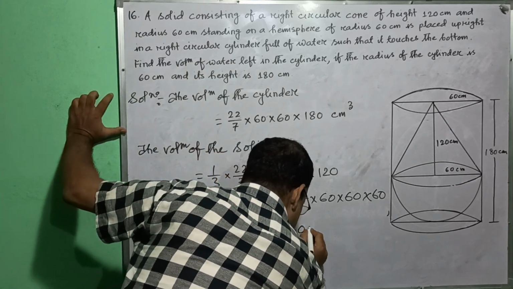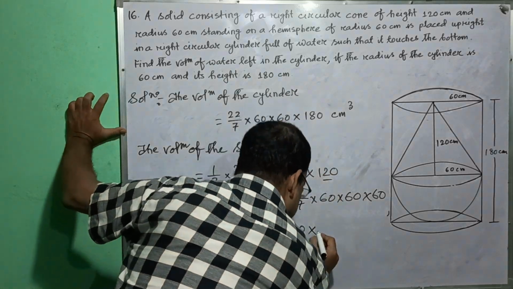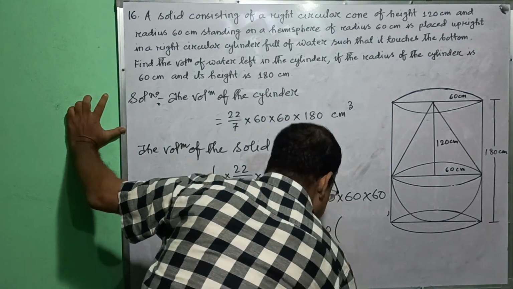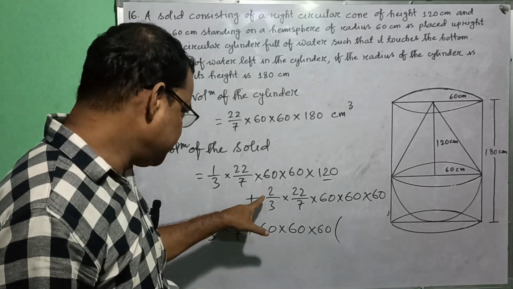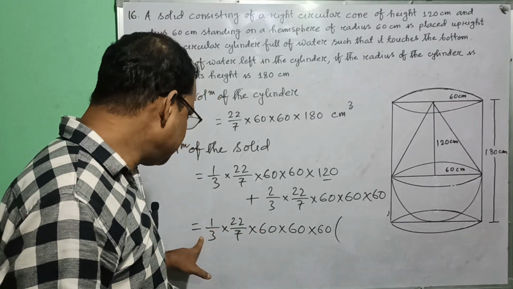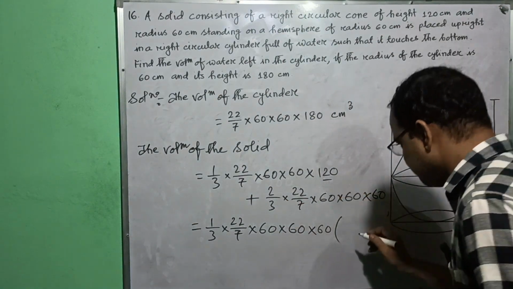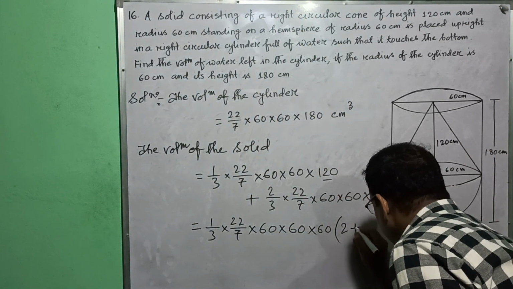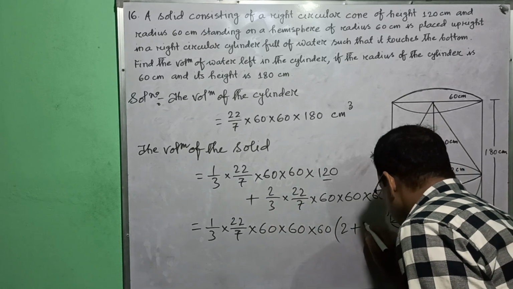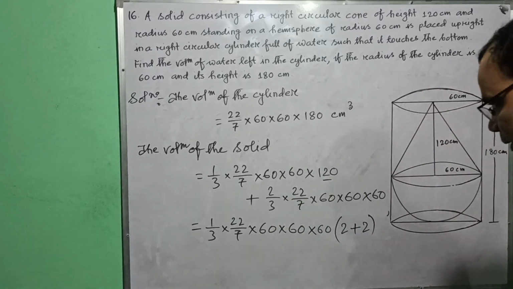into 60 into, here also we'll take 60 common. So what will be left there? You can see here 1 by 3 already taken common. So here 2 will be left and here also 2 will be left. So we'll here write 2 plus 2.